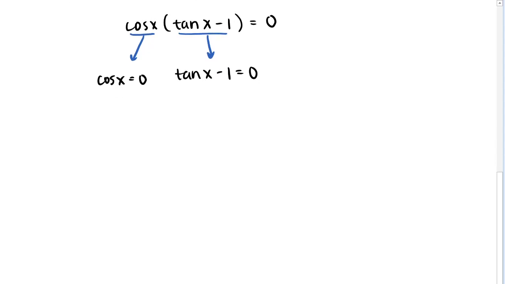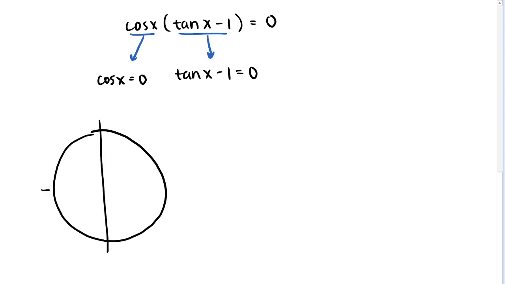So we saw earlier that cosine of x is equal to 0 at these points here on the unit circle. And so that occurs at pi over 2, 3 pi over 2, 5 pi over 2.